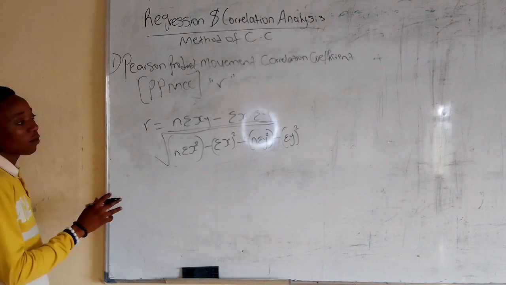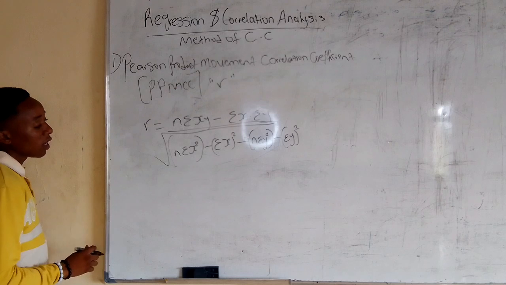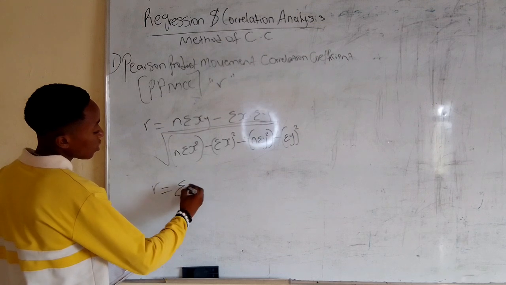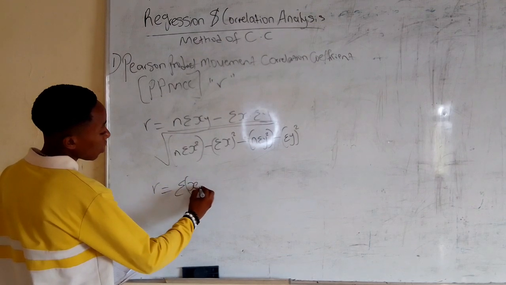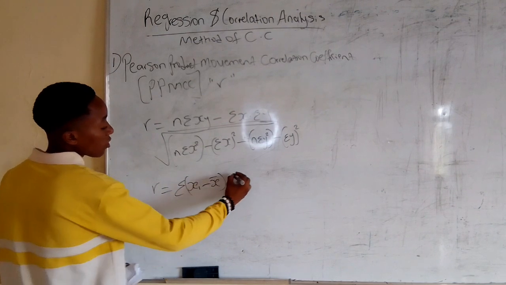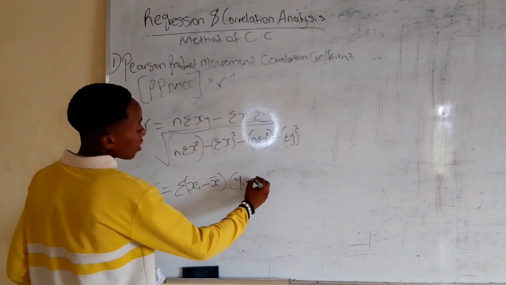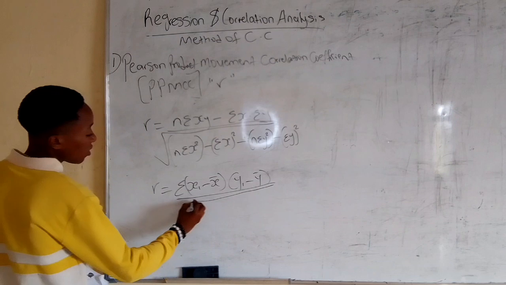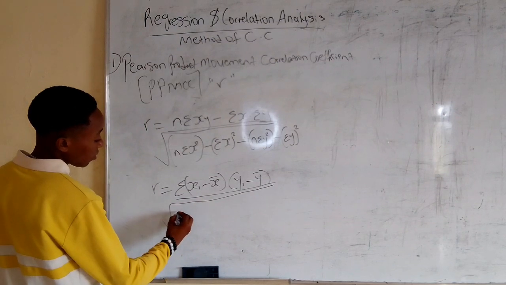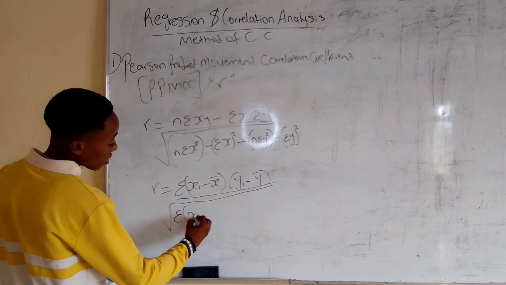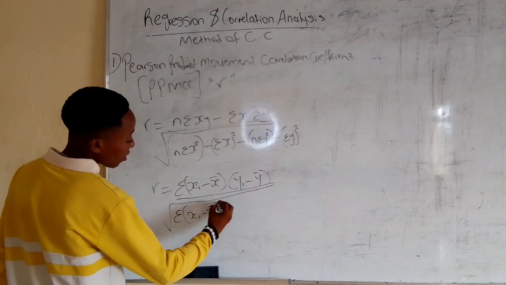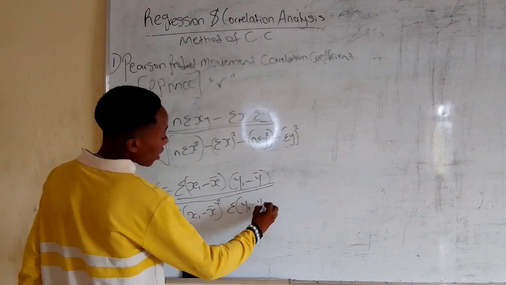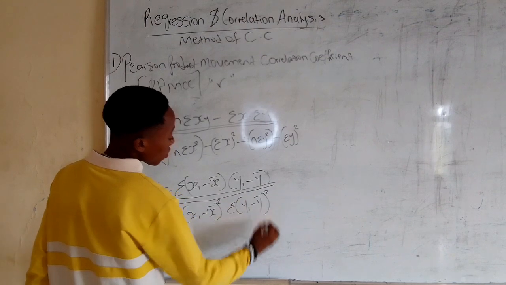So this is the first formula for Pearson's product moment correlation, and the second formula is R equal to summation of open bracket x1 minus x bar close bracket, open another bracket y1 minus y bar, all over the square root of summation x1 minus x bar to the power of 2, and then summation y1 minus y bar to the power of 2.